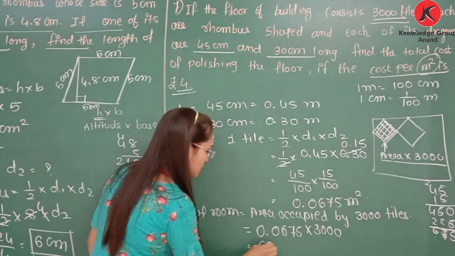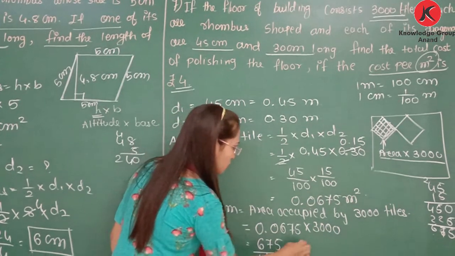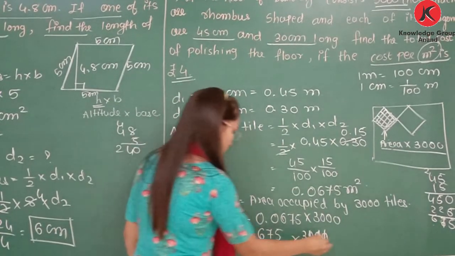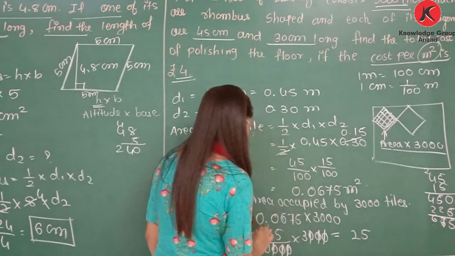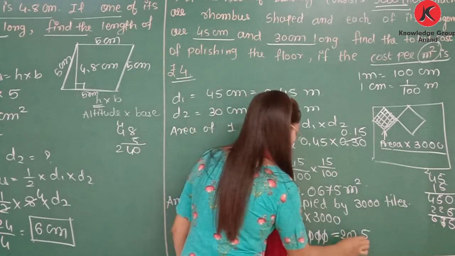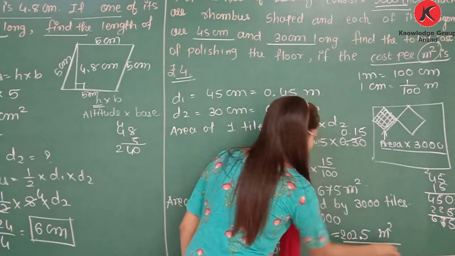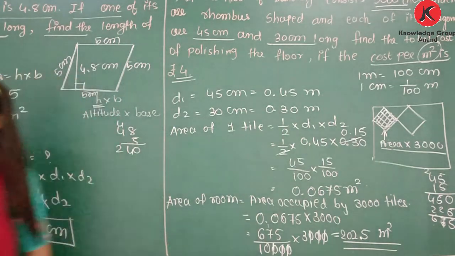So that is 675 divided by 10,000 times 3000. So this is the area of a room, 202.5 meter square.